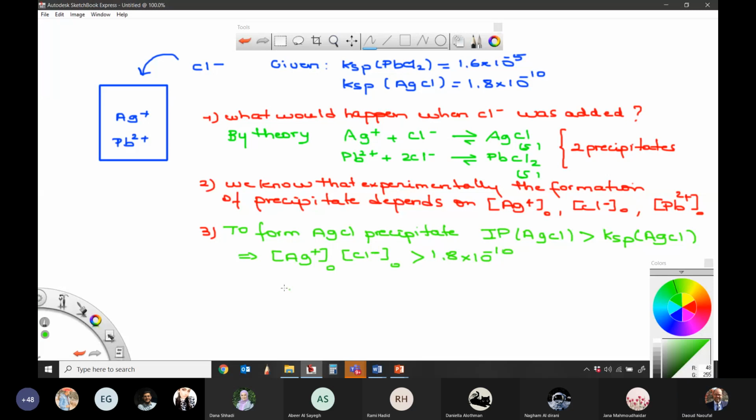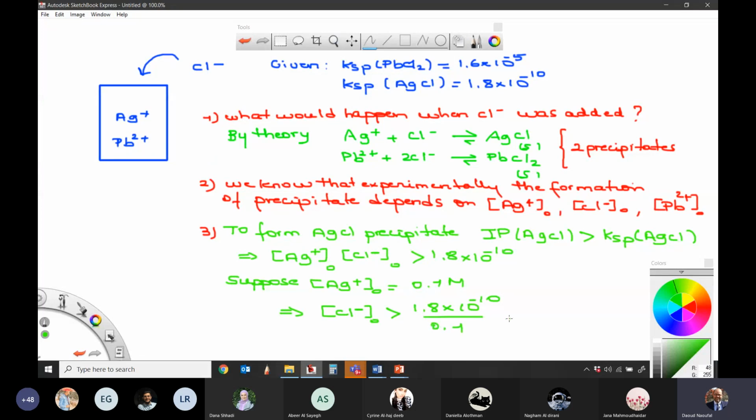Suppose Ag+ initial in the solution is given equal 0.1 molar. Implies the Cl- initial should be greater than 1.8 times 10 minus 10 divided by 0.1. So 1.8 10 minus 9.